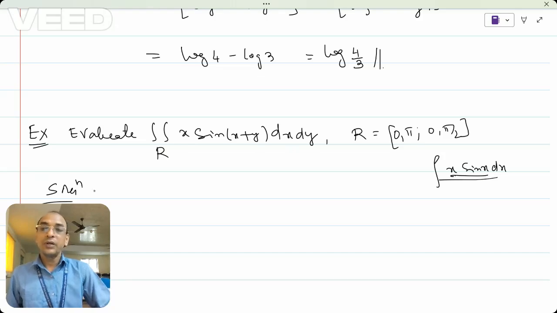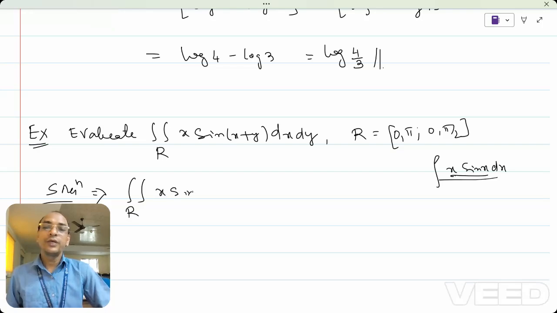So here what I want to say is, I will prefer to keep y as the inner integral and x as the outer integral. Why so? I already said.